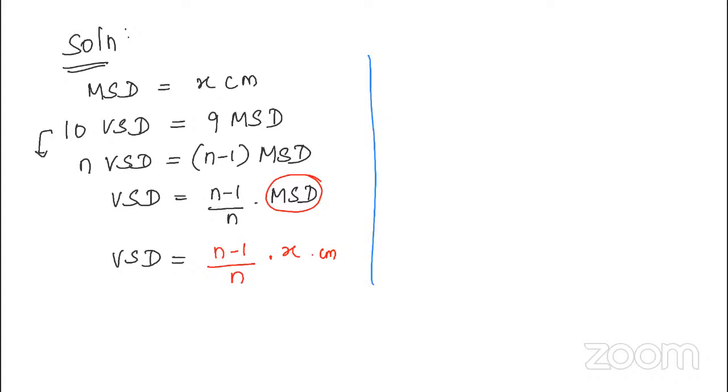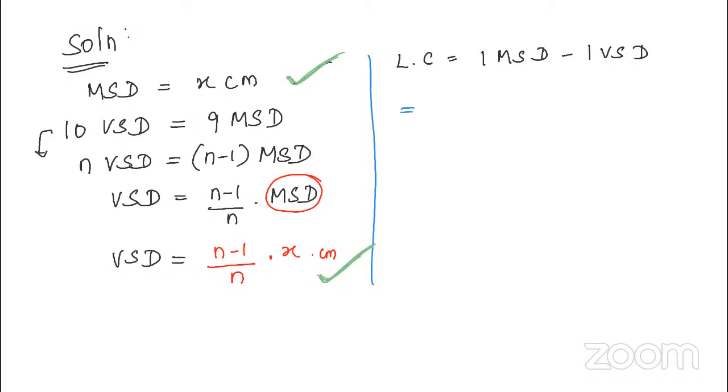Next, we know the formula for least count: least count is equal to 1 MSD minus 1 VSD. Now substitute the value of MSD as well as VSD.